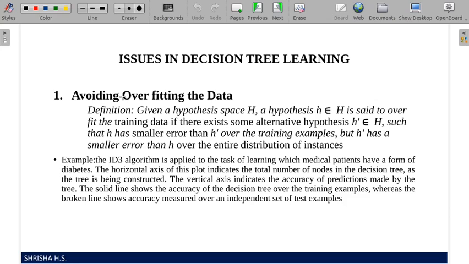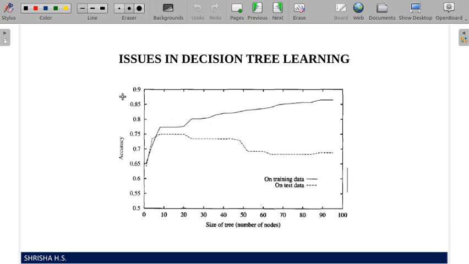We have a graph, taken straight from the author, which gives accuracy versus size of the trees in terms of number of nodes. As the size of the tree grows on training data, the accuracy increases. It may even reach 85%, 87%.